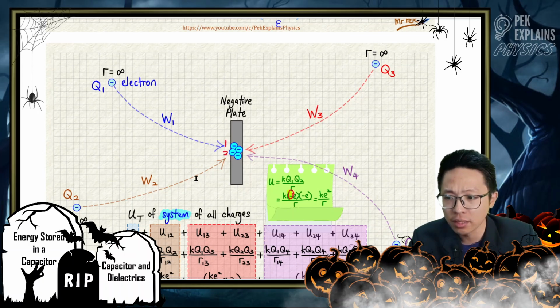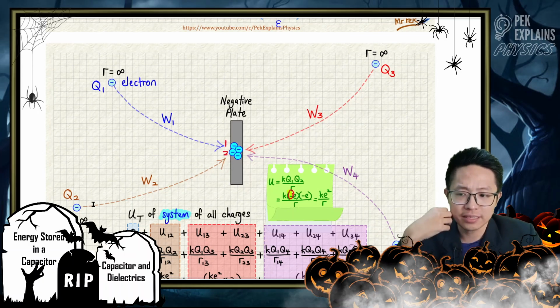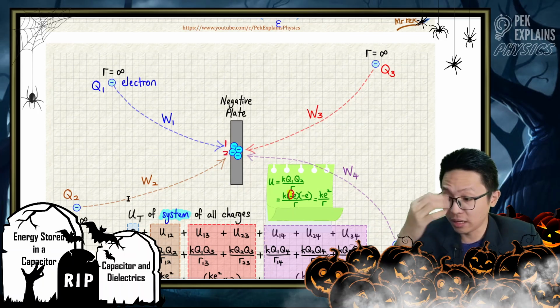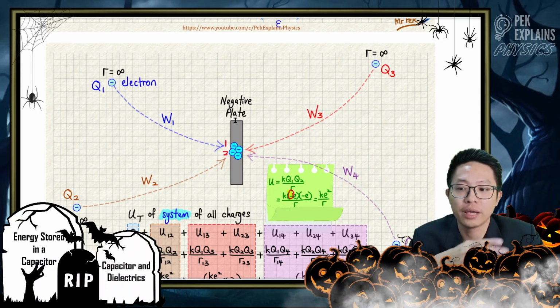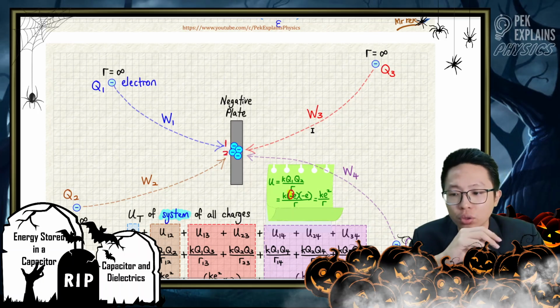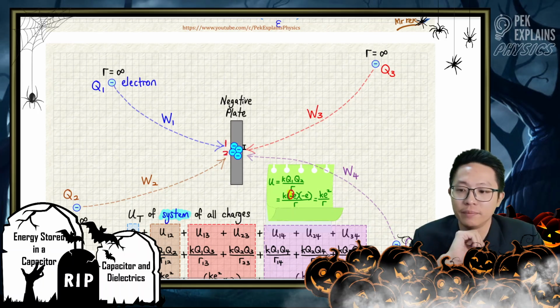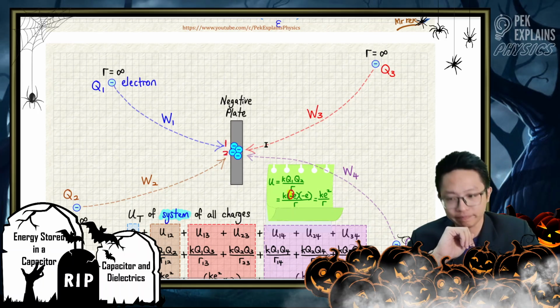No, definitely not. Because for work 2, there was only one charge at the negative plate. But now you have two electrons, 1 and 2, already at the negative plate, so bringing a third electron is much harder.